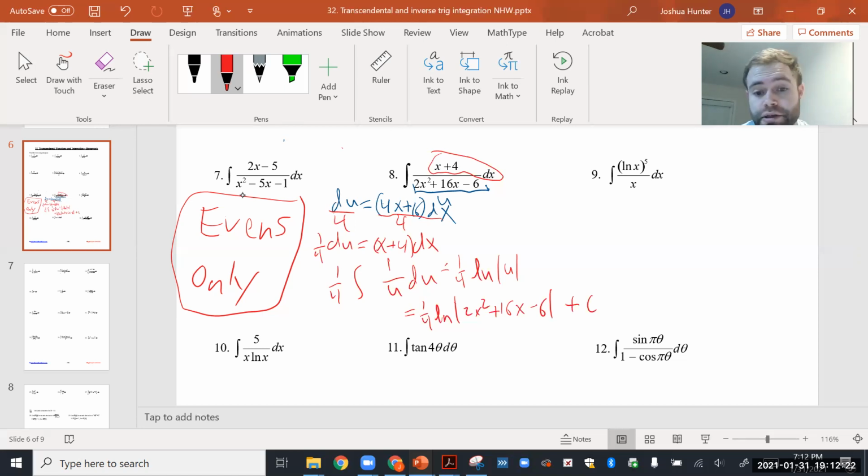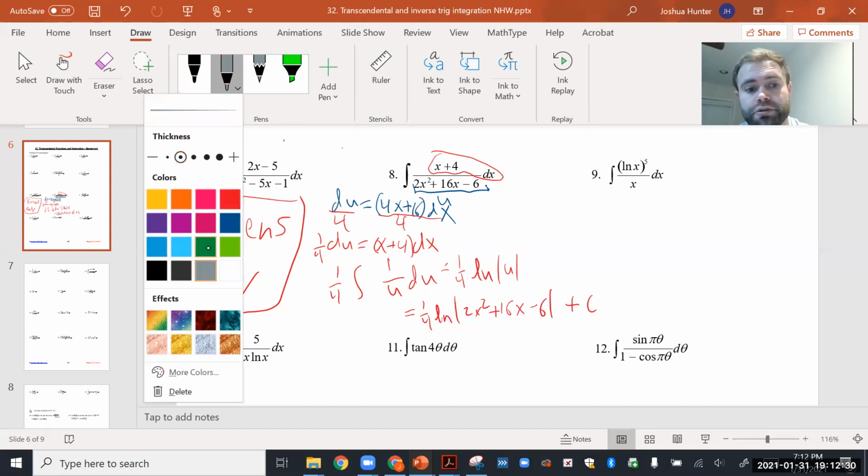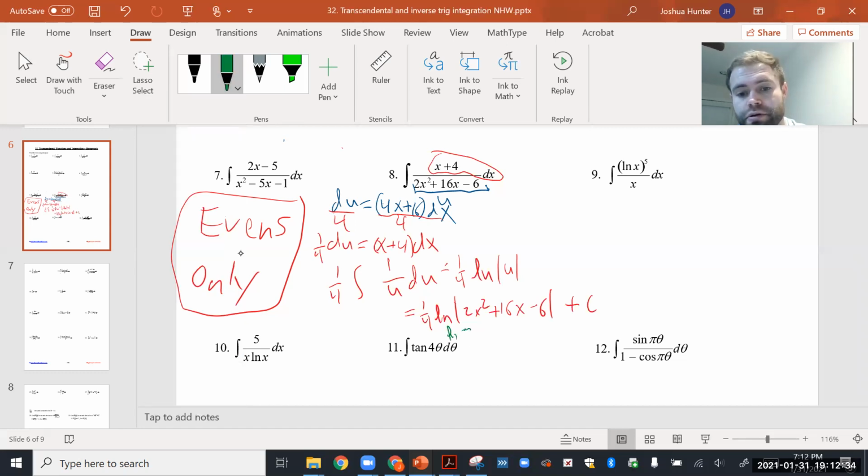But this is slightly different because I could factor that 2 out on the inside. If I factor that 2 out on the inside, that would be natural log of 2 times the x squared plus 8x minus 3.